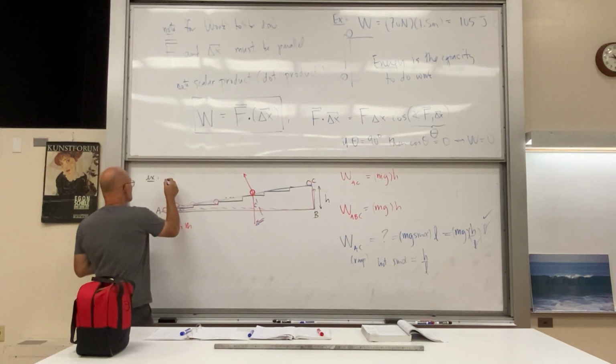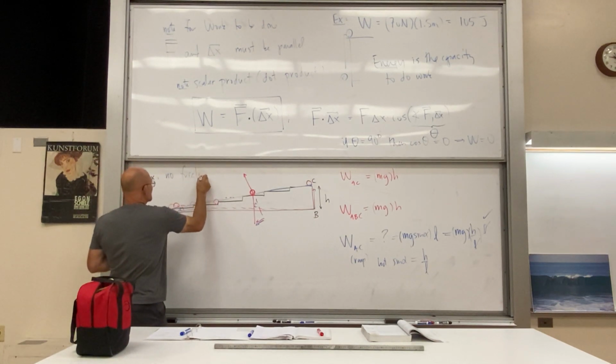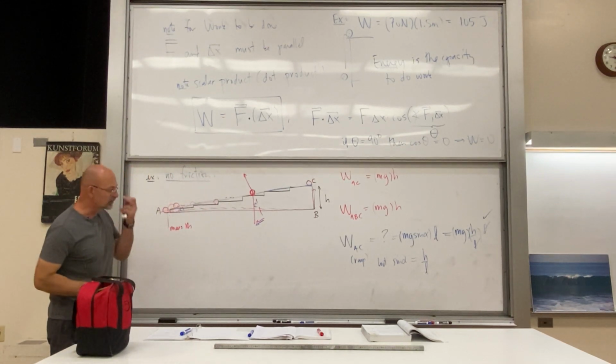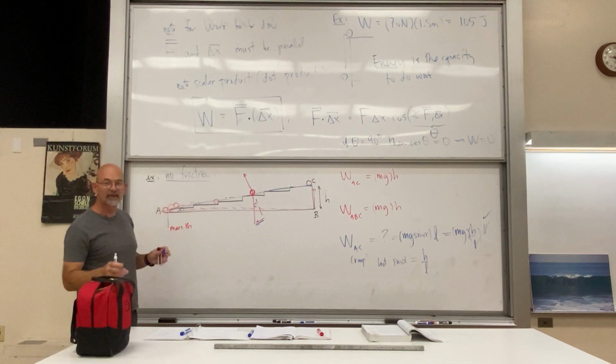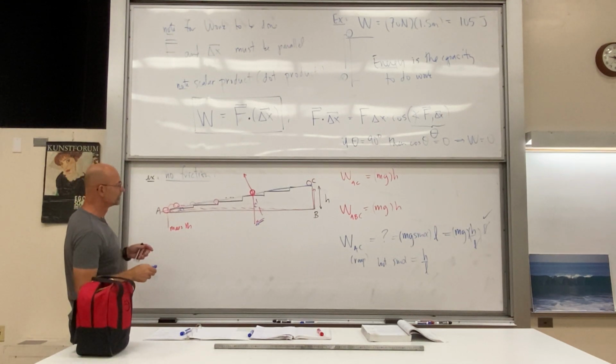And for this example, let's stress that there's no friction. We're going to pretty much take friction out of the discussion of work because I'm trying to get to the basic concepts the fastest way possible, the simplest way possible.